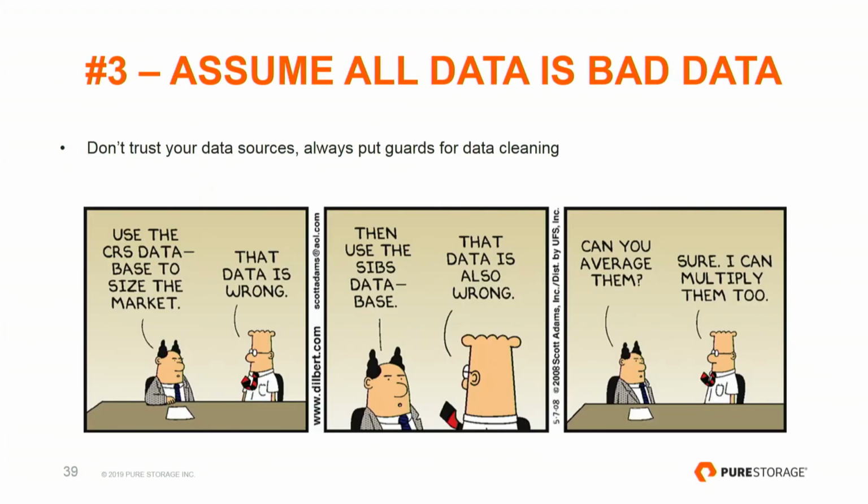And then another thing that's really key here, and this is what we've seen, is that assume all data is bad data. Now this applies to a lot of different parts of machine learning and analytics, but in this case, when it comes to fast data, if you're log ingesting, and let's say you've got 80 million records, and you've got two different systems that are part of a pipeline, and one of them shows 80 million records and the other one shows 96 million records, how do you prove which one actually has the right data?